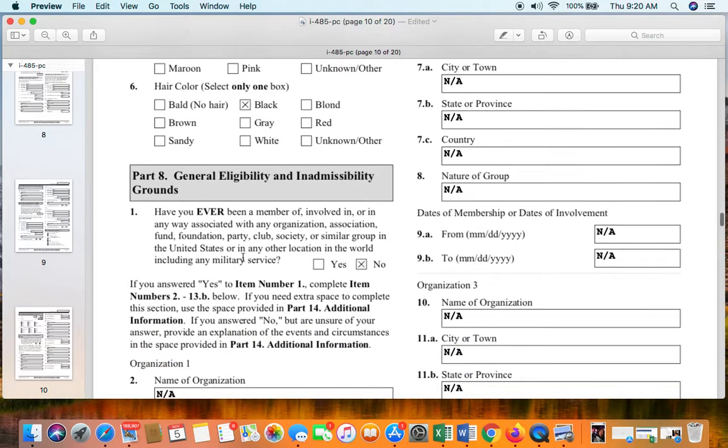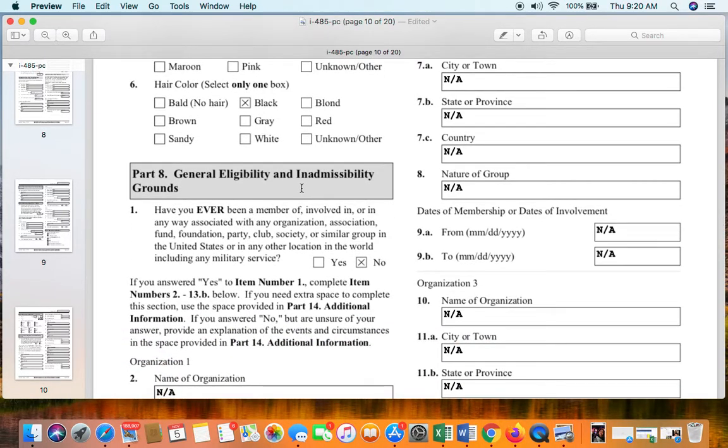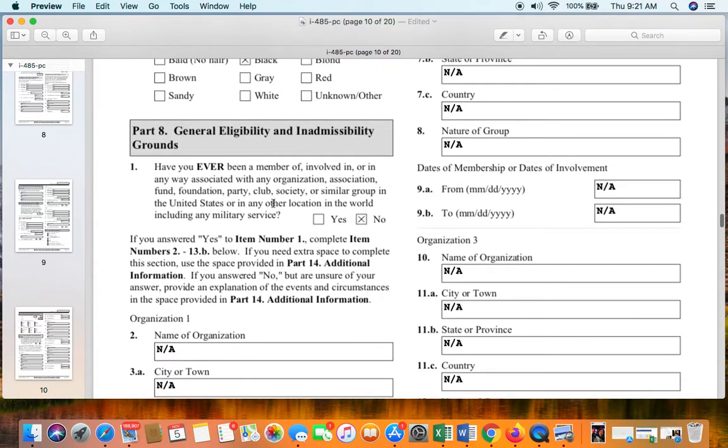So Part 8, general eligibility and inadmissibility grounds. Have you ever been a member of or involved in any associated organization? You have to always read everything to understand the question.